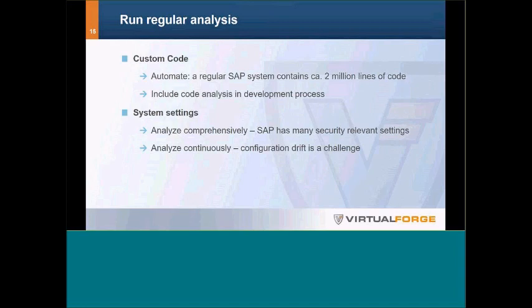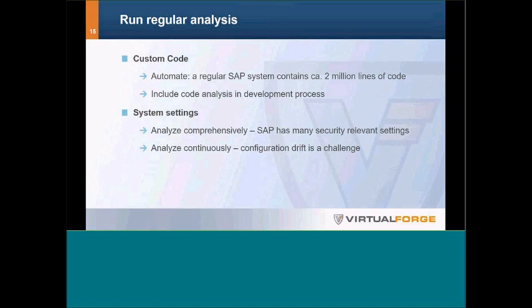I usually call this the "can you please" phenomenon. Those of you who have worked in projects will know, during the project you go to the basis admin and say, "Can you please give me authorization for that?" or "Can you please reset the profile parameter X to Y?"